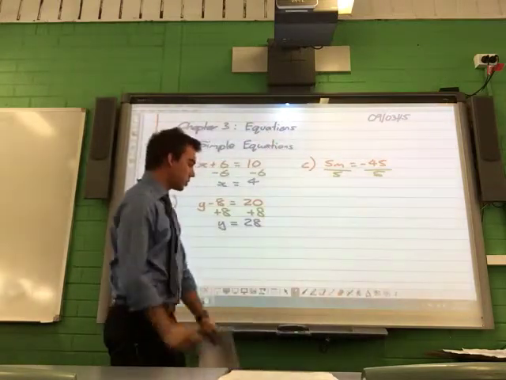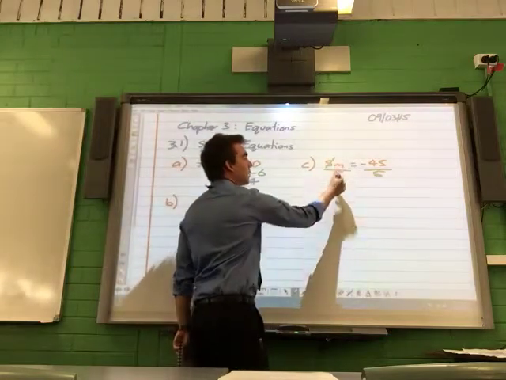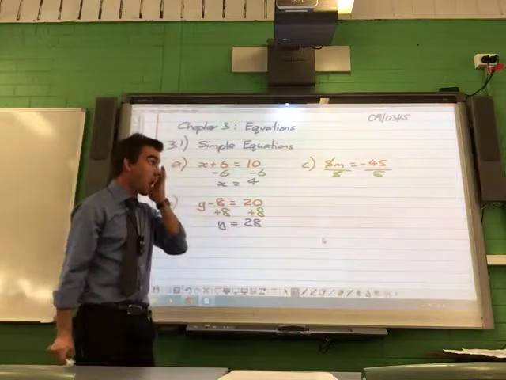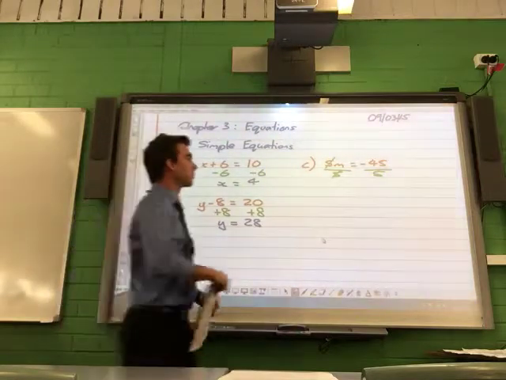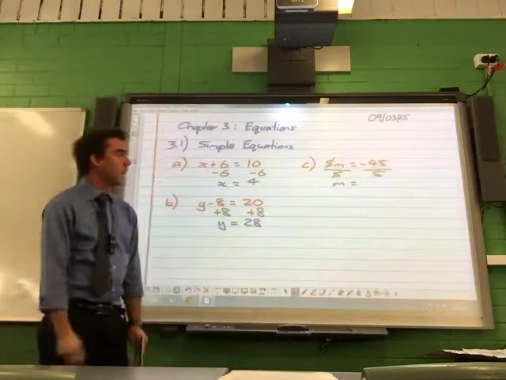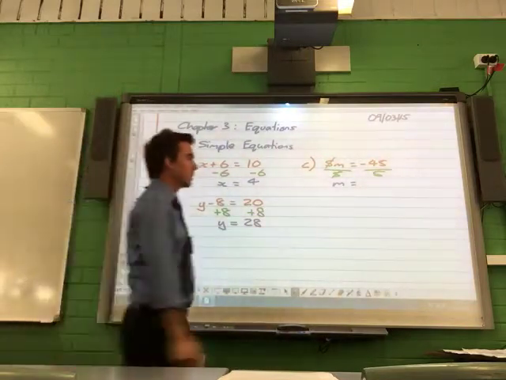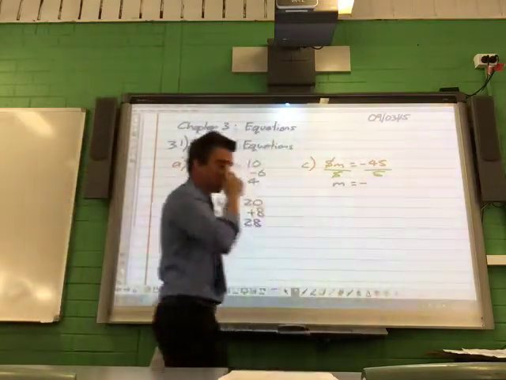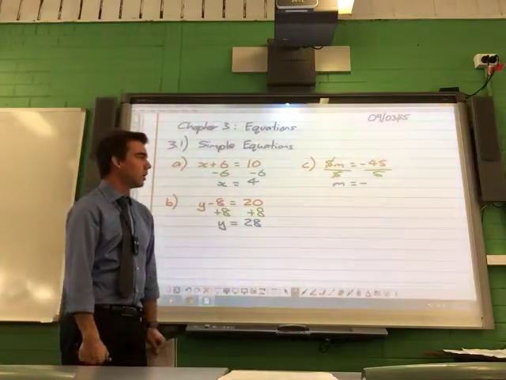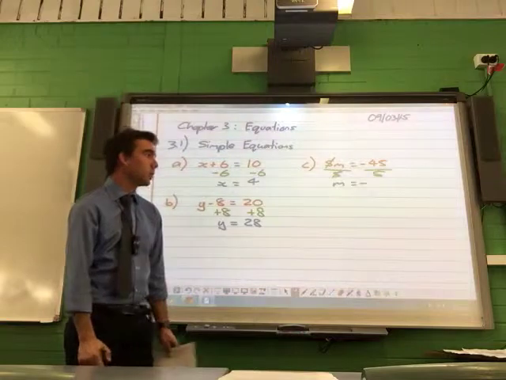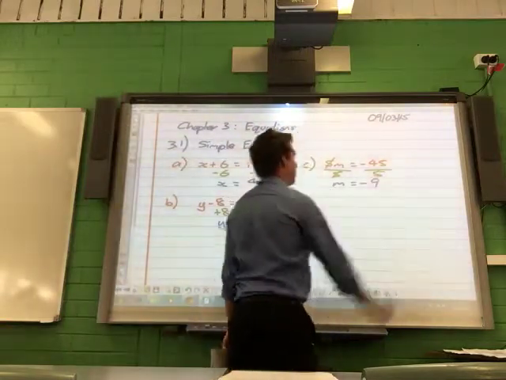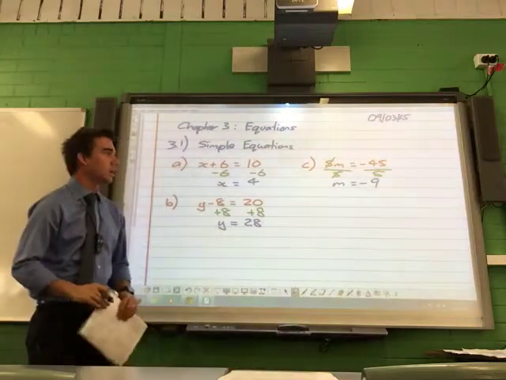If I divide both sides by 5, that will cancel the numbers on the top and the bottom of the fraction. And then I've got negative divided by a positive, so we're going back to our directed numbers. The result will be negative, opposite signs dividing gives a negative. 45 divided by 5 is the same as 5 times what equals 45, so it equals 9.